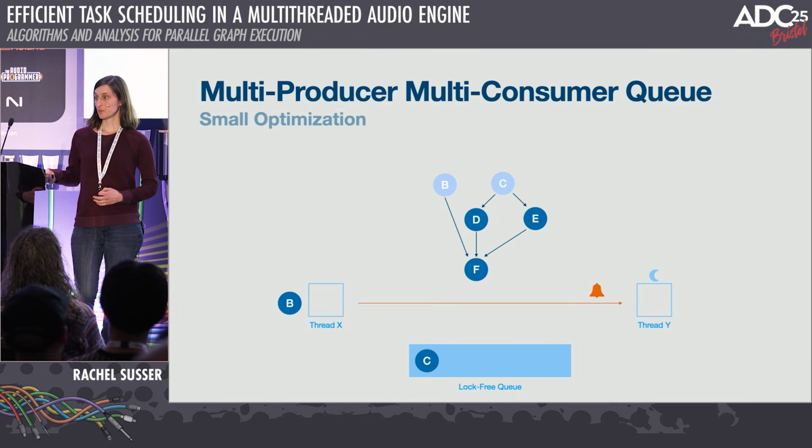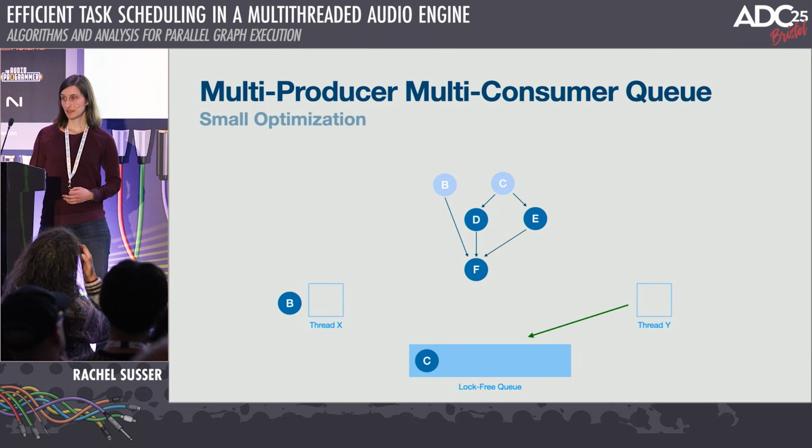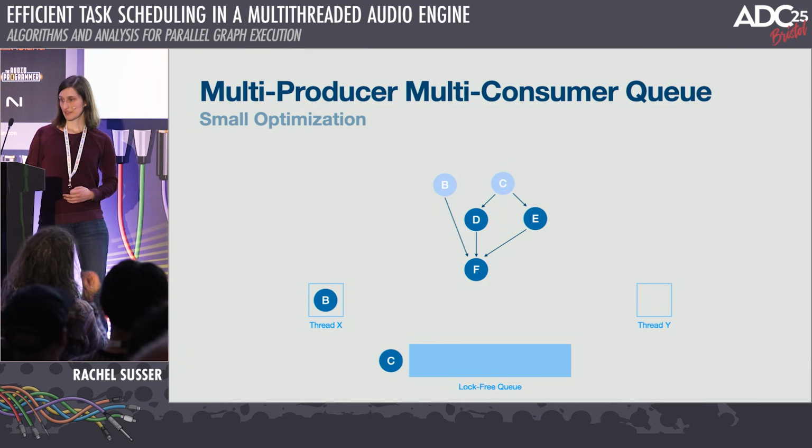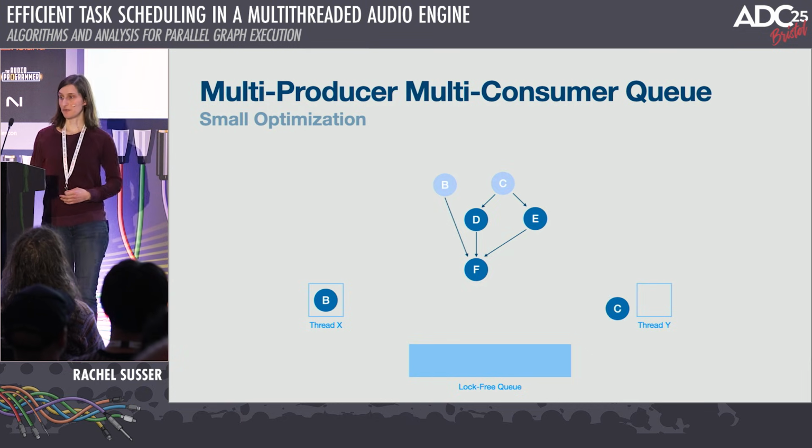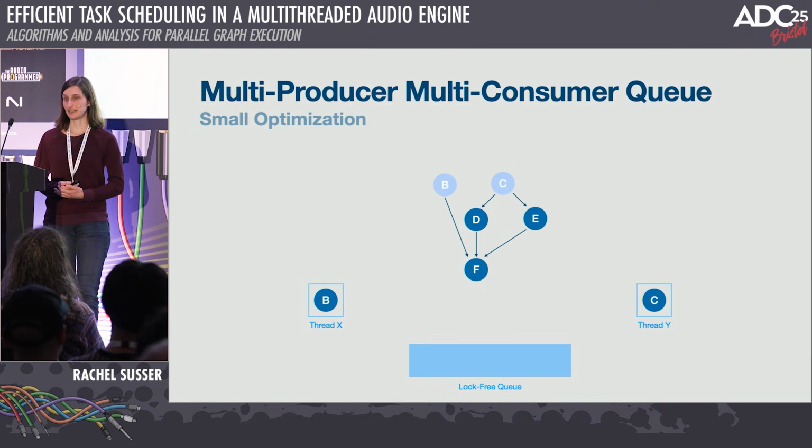Then, once Y wakes up, it doesn't have to fight with X over who gets to push the next task from the queue. And so it's free to pop task C while X is already beginning to execute B, and we avoid the contention.